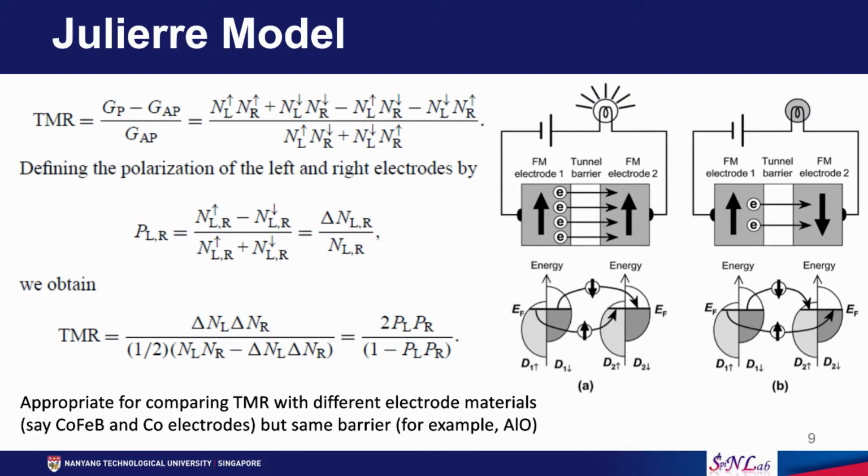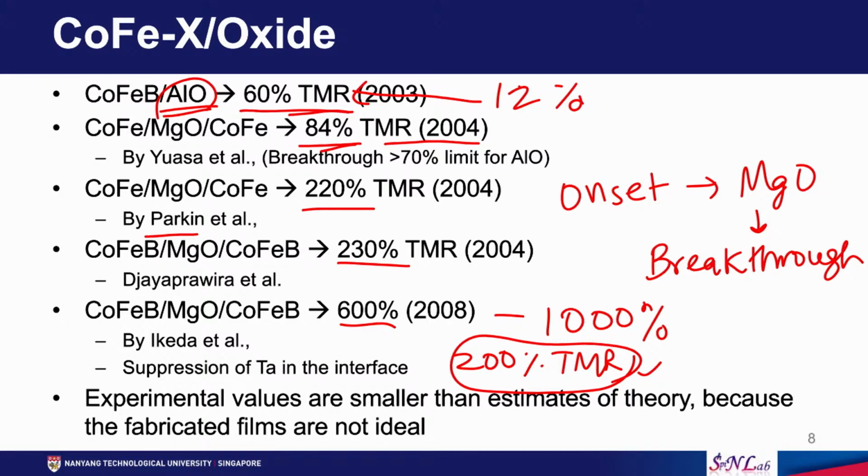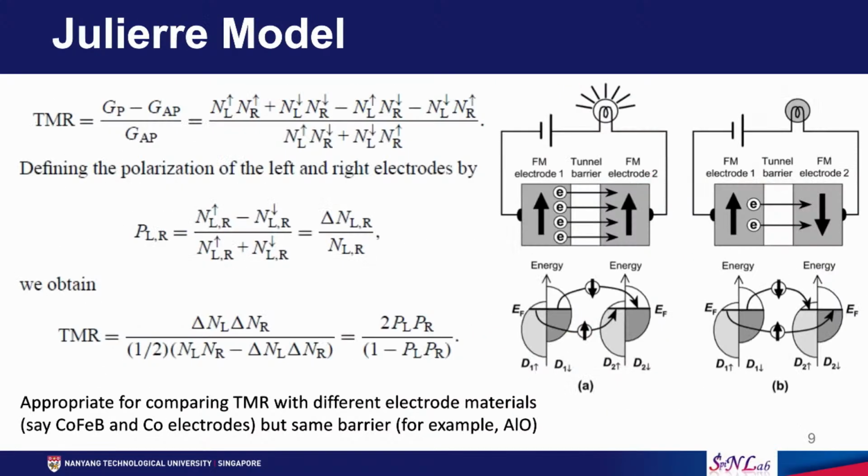Okay, so, I told you that there are two regions of TMR. In one region people used aluminum oxide, in another region people used magnesium oxide.